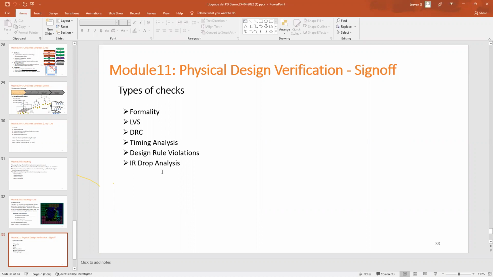Through the ASIC flow, which is module 4, we will show the steps and stages before entering physical design engineering, and the stages after completion of the physical design activity. That is one of the additional advantages you get only from Upgrade VLSI Technologies.